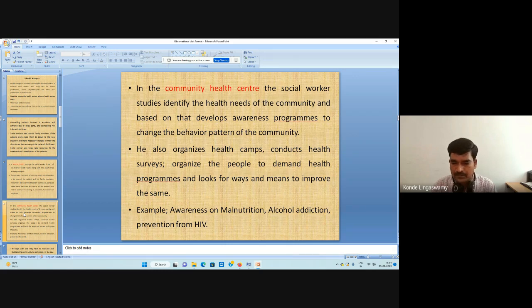For example, as a trainee social worker placed at one organization, you can conduct an awareness program on the malnutrition problem, where you will be allotted a particular area or locality where children are suffering with malnutrition. What will you do?